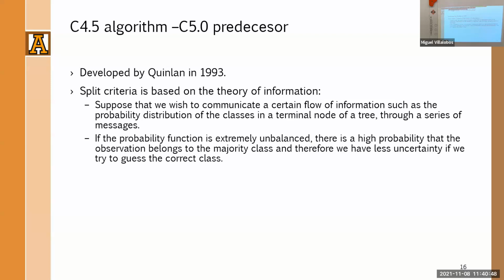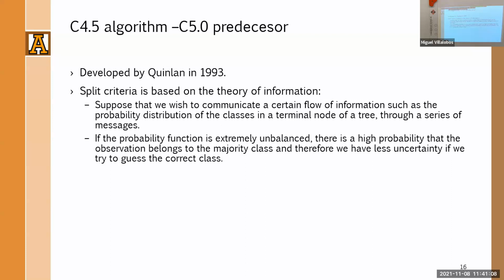If the probability function is extremely unbalanced, that is, if the probability of success is very, very high relative to the probability of failure, then I will need to transmit less information to be able to make a decision.